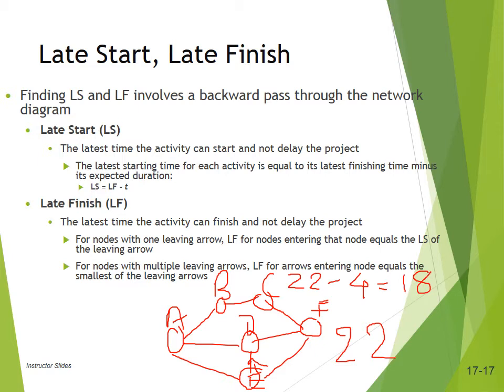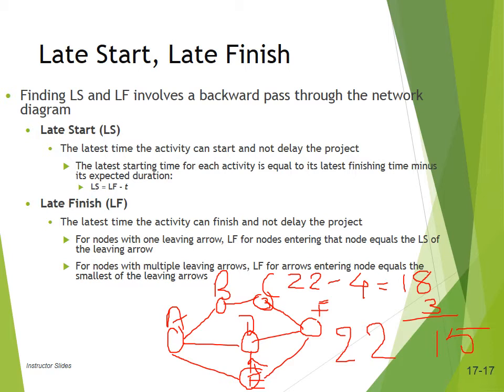And if activity C has got a duration of 3 days, so 18 minus 3, that's 15, would be the late start for activity C. So the late start of activity C would be 15, and the late finish of activity C would be 18.